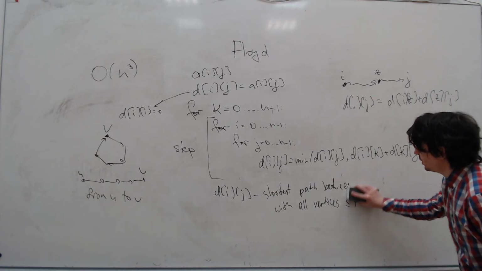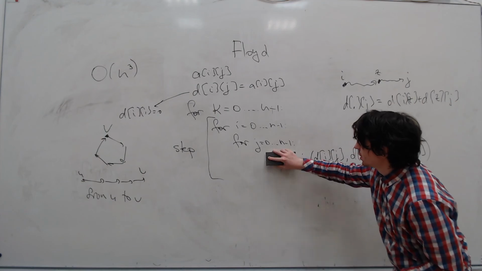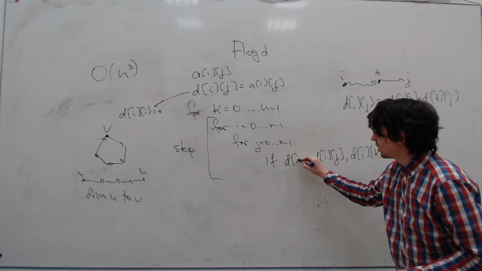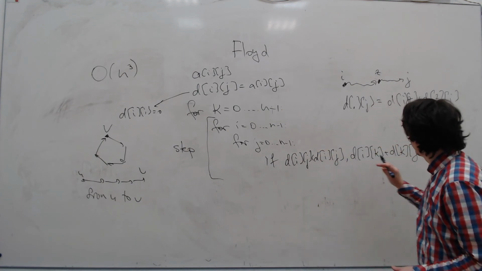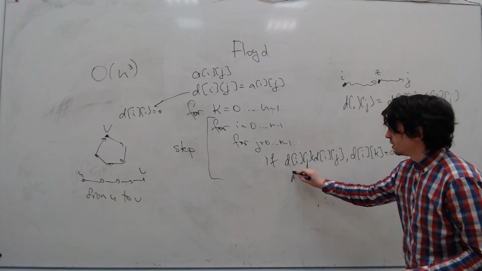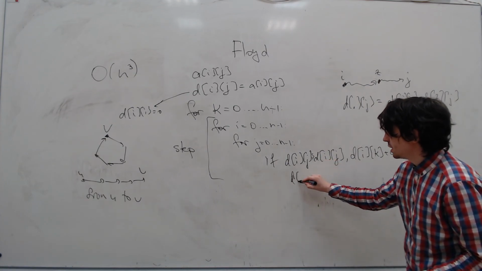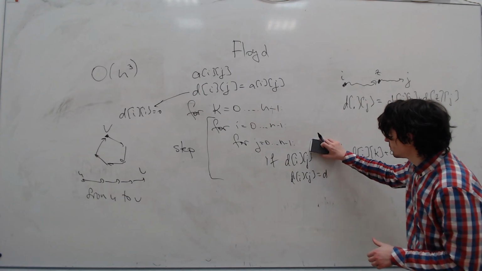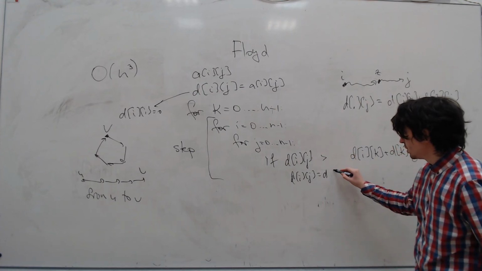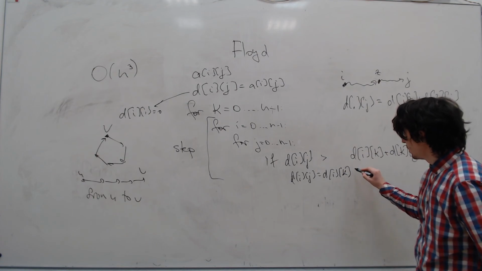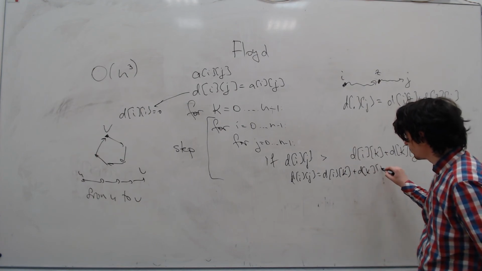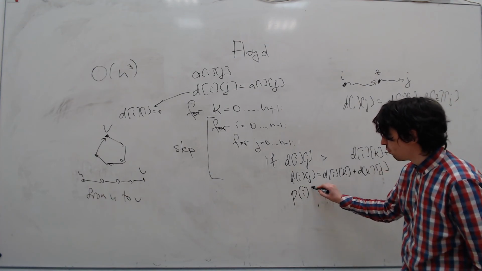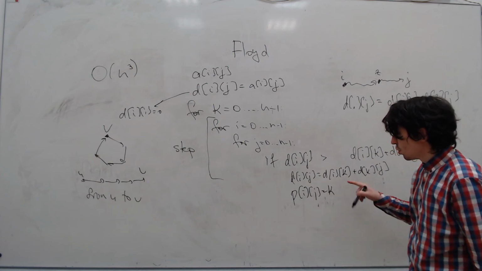Simply, you compare here: if dij is bigger than dik plus dkj, then you store that for ij we split by k.